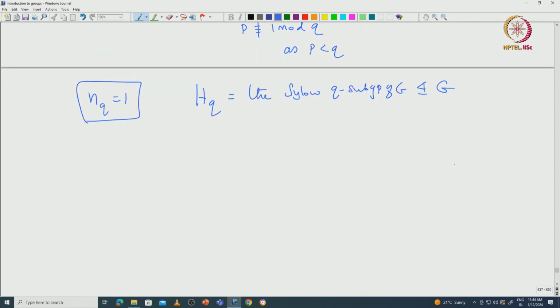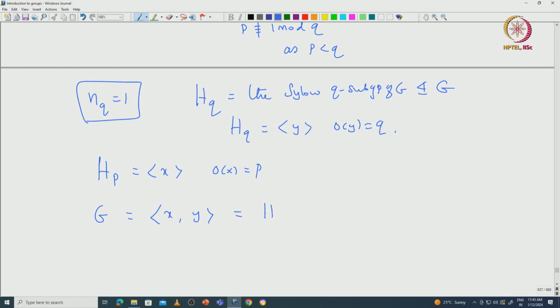Now by using Cauchy's theorem, there is at least one element of order P inside G. Let us call HP the subgroup generated by x where the order of x is P. Again HQ is generated by y where the order of y is Q. Then it is easy to see G is indeed generated by x and y, and in particular the product HP HQ is going to be G.